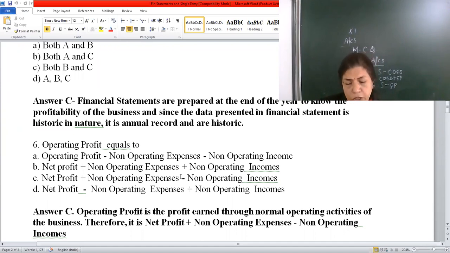Those expenses which are related with the operation of the business are termed as operating expenses. Then what are non-operating expenses? Those which are not related with the operating activities of the business, like loss on sale of fixed asset. That is non-operating. Means which are not related with the routine work. So the answer is C.